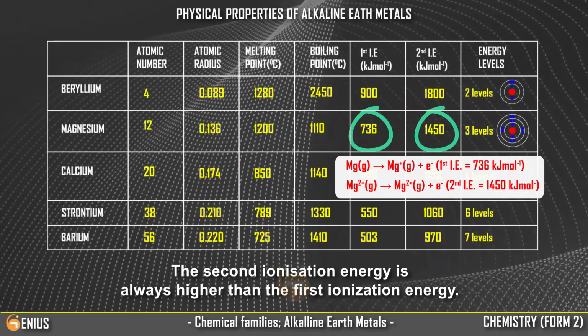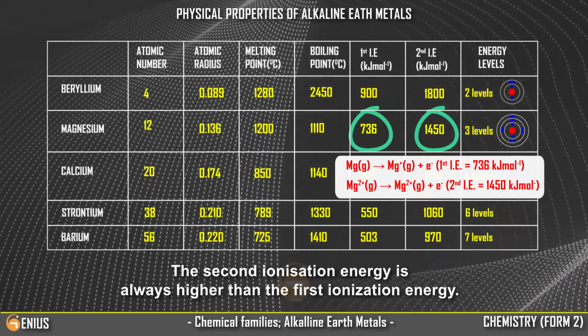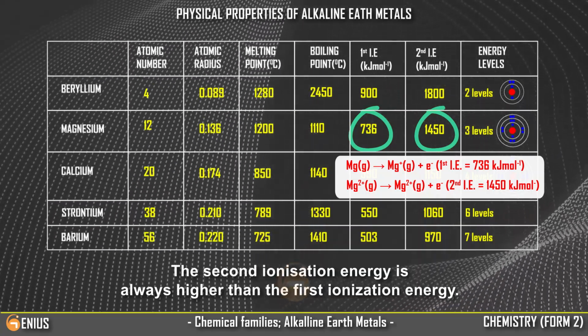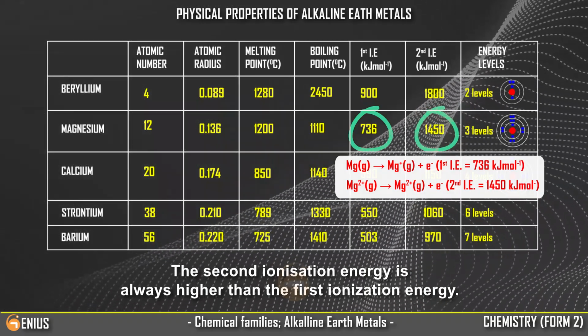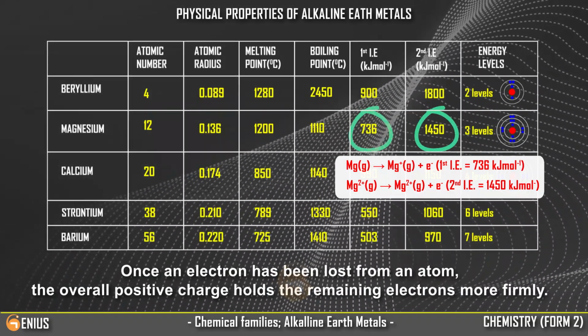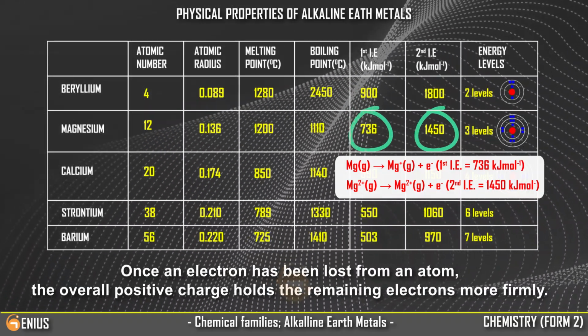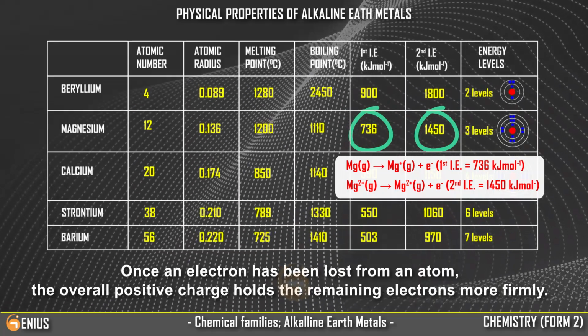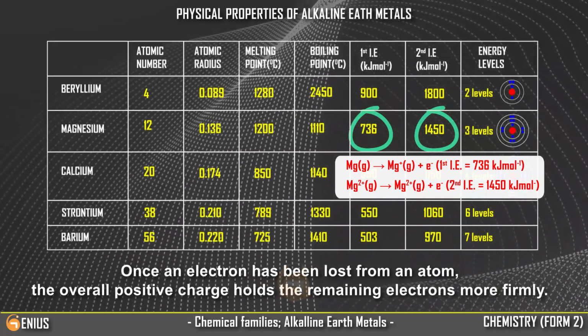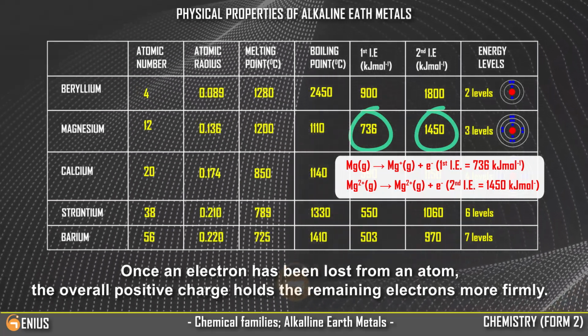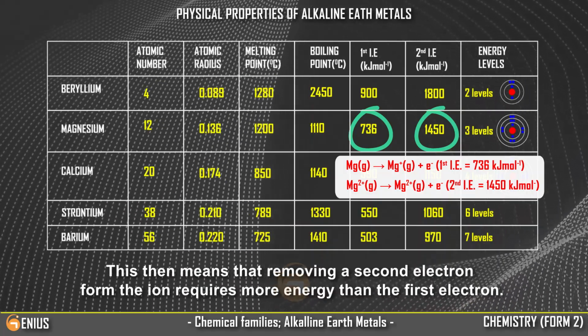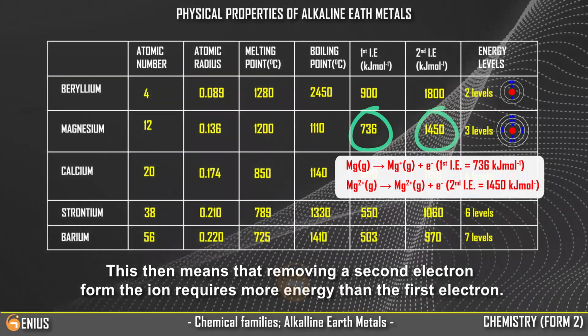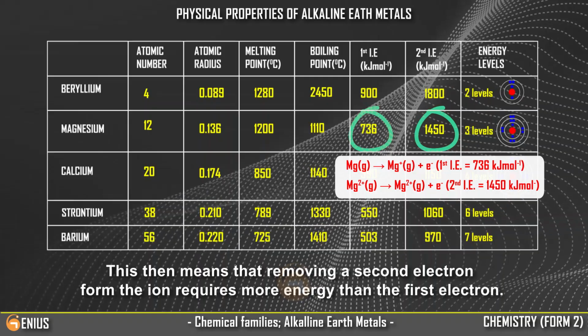The second ionization energy is always higher than the first ionization energy. Once an electron has been lost from an atom, the overall positive charge holds the remaining electrons more firmly. This then means that removing a second electron from the ion requires more energy than the first electron.